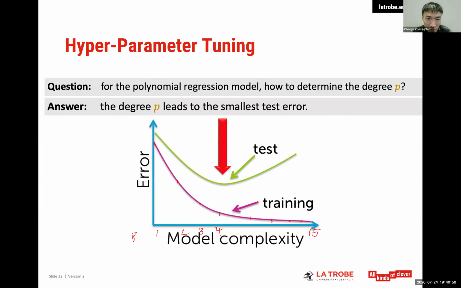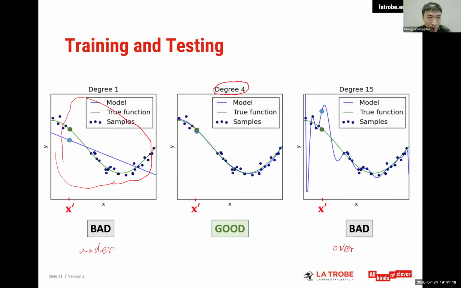So we can draw this curve to represent how the training error changes while the model complexity increases. It is showing this trend in these three cases. When the degree is low, the error for training will be high because these training samples are not lying on a straight line at all.